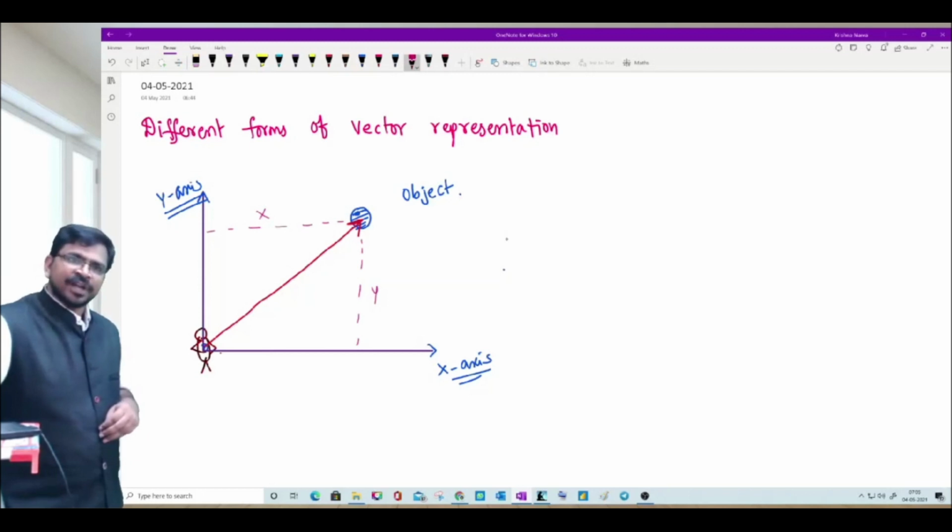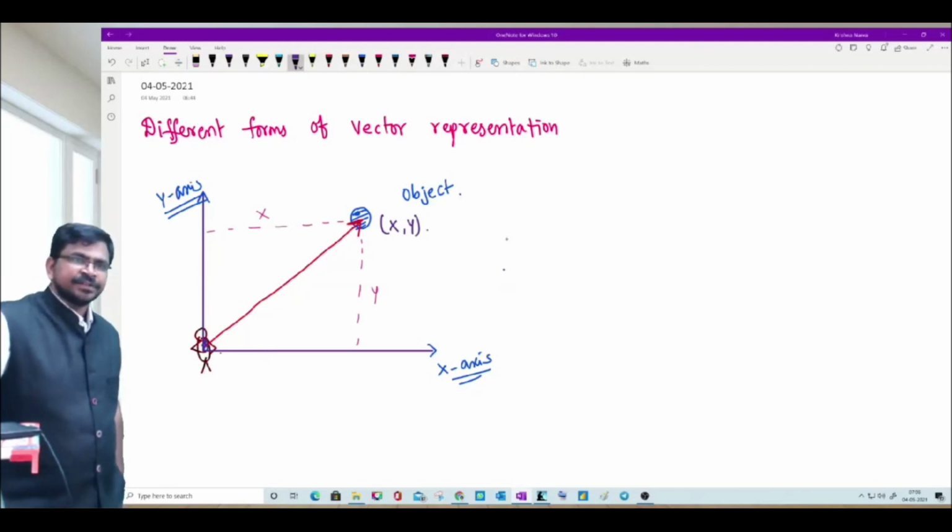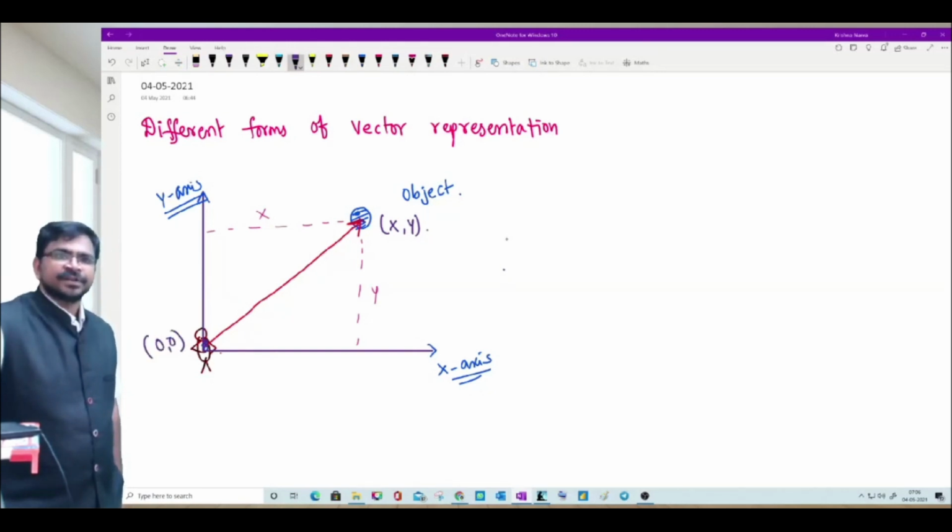Together the address of the object can be taken as x comma y. This starts from the tail point 0 comma 0, and the head point is x comma y.